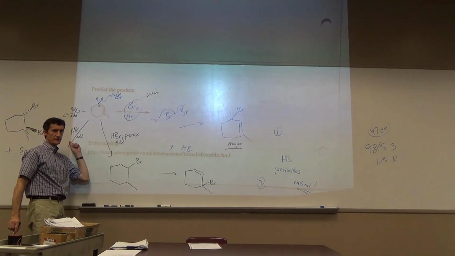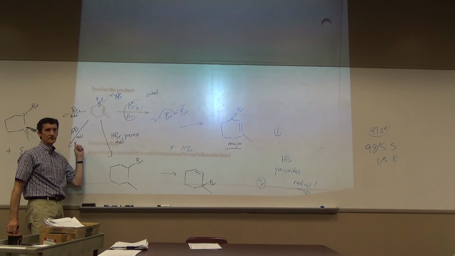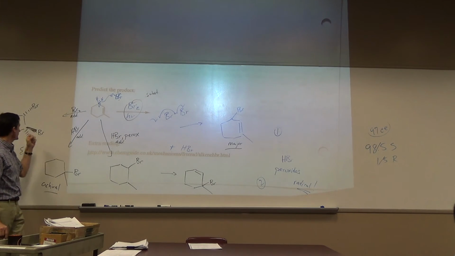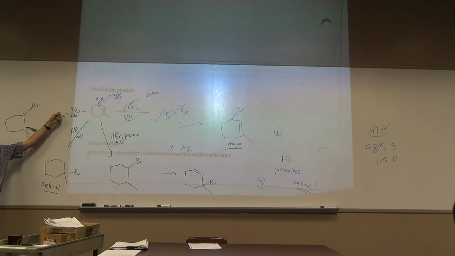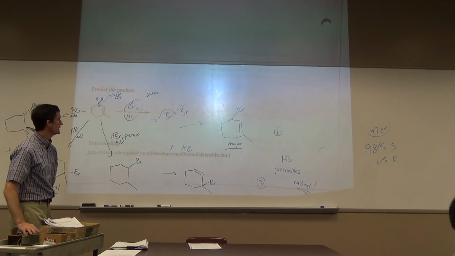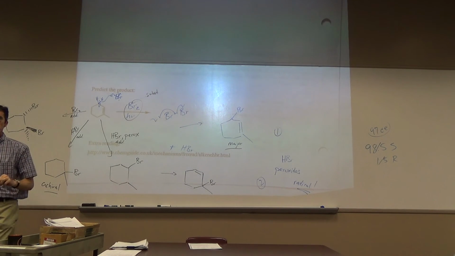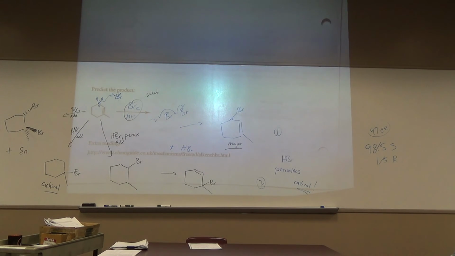HBr is always an addition. And if you do addition chemistry, it has to be a pi bond, because you can't add to an alkane. And Br2, the old classical Br2, is also an addition. Maybe there's a consistency: Br2 with light, radical with bromine, is always a substitution.